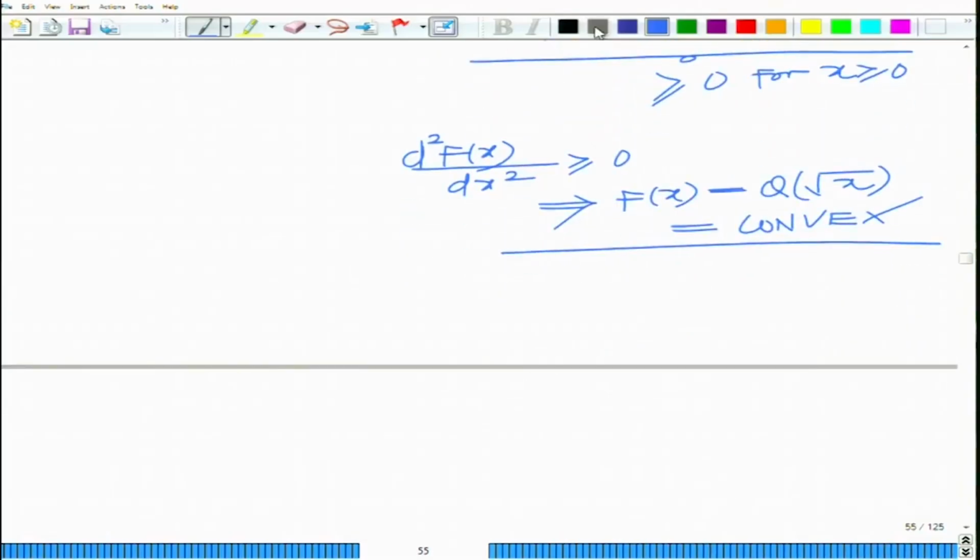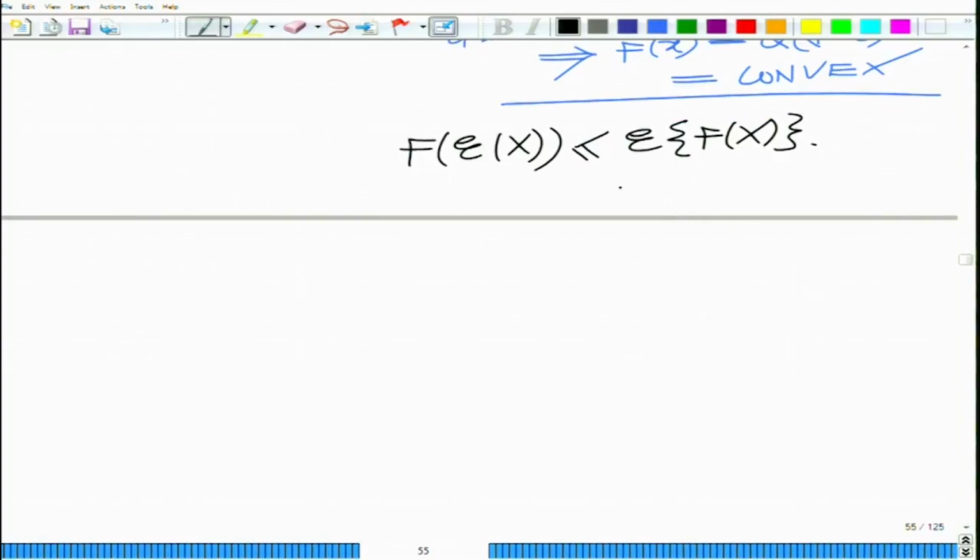Now, what does the Jensen's inequality tell us? Let us recollect the Jensen's inequality that tells us that f of expected value of x, any random variable, is less than or equal to expected value of f of x.